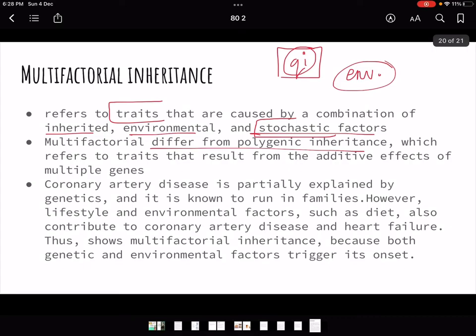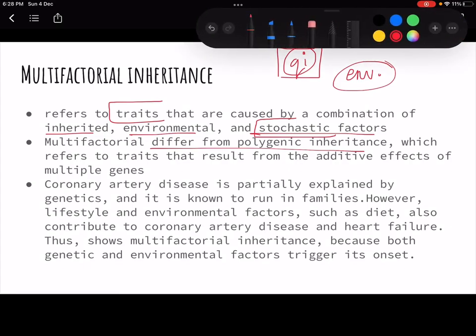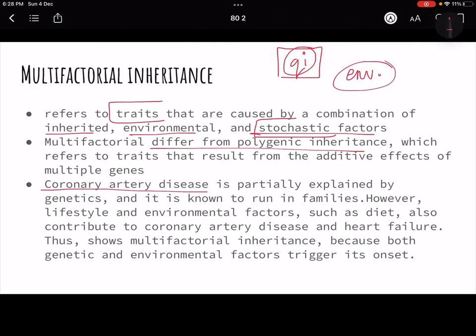ठीक है? So for example, इसकी example if we have to take, take the example of coronary artery disease or heart attacks, anything like that. So basically क्या होता है? It is a genetic thing. That means it is partially explained by genetics. It has to run in the families, but if it has to express itself, it needs to have that kind of an environment or lifestyle. ठीक है? So if the disease is actually going to surface in a family, for example there is a family of 5 people, ठीक है?